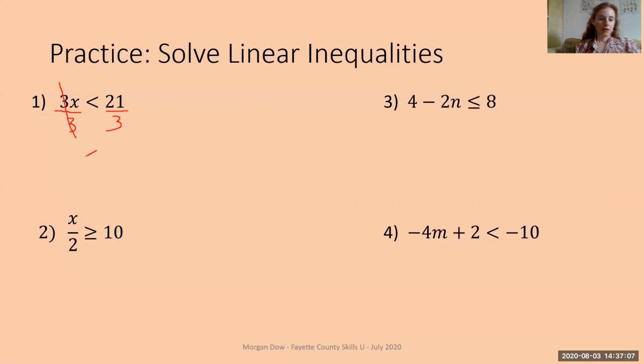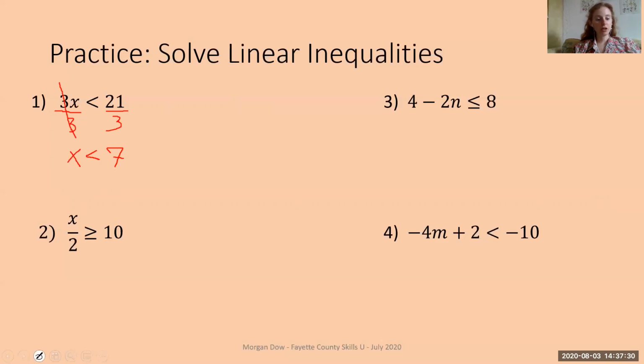And so if I bring down my symbol, I've got an x remaining on the left-hand side, and on the right-hand side, I have 21 divided by 3, which is 7. So this is the solution to this inequality. If 3 times some number is less than 21, that means that number must be less than 7.